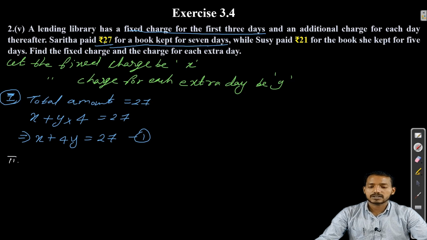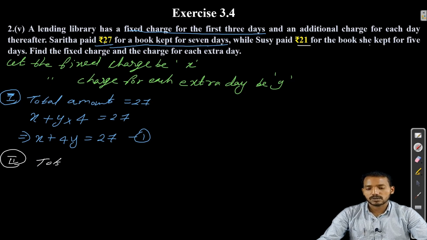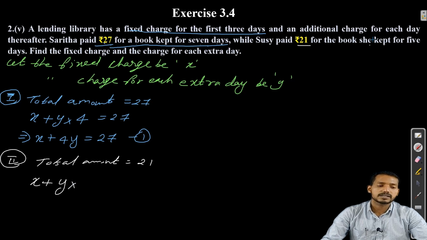Now come to the second situation, that is she paid 21 rupees for the book she kept for 5 days. That is total amount she paid is equal to 21, which will be X plus Y, that is the charge for extra day, into how many days.